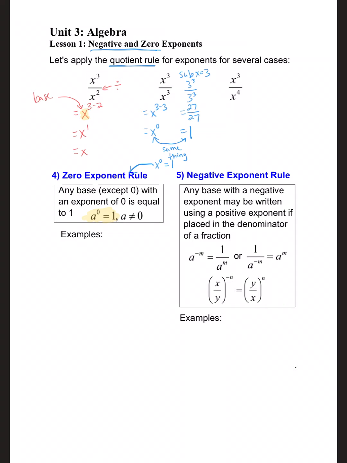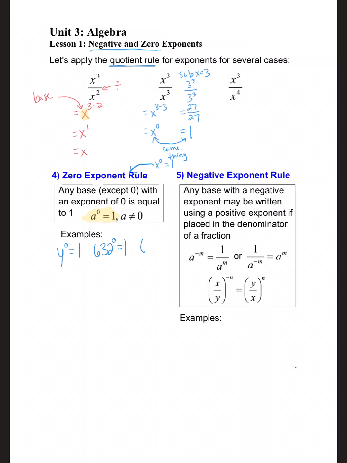So let's look at some examples. If we had y to the power of 0, that's going to equal 1. If we have 632 to the power of 0, it's going to equal 1. We could even have a term that has some variables and other powers on it, and it's still going to get us to 1.